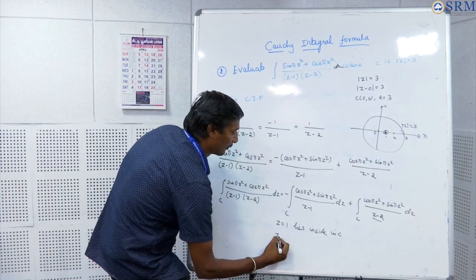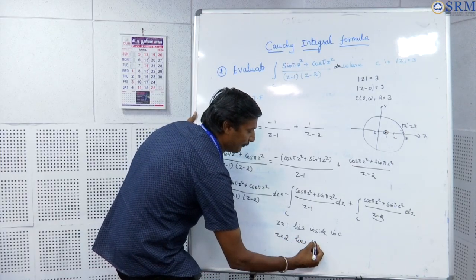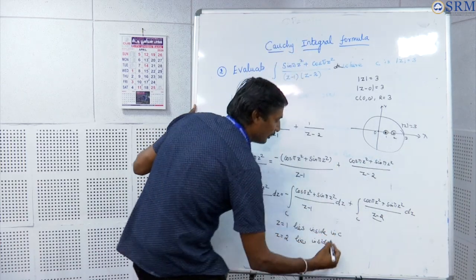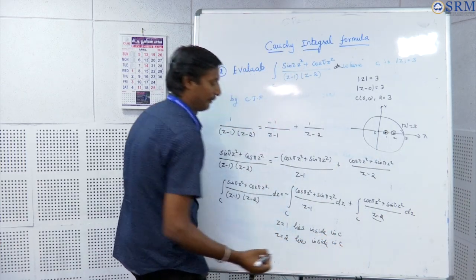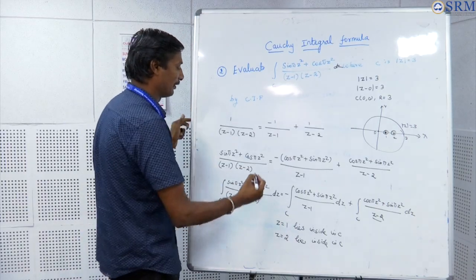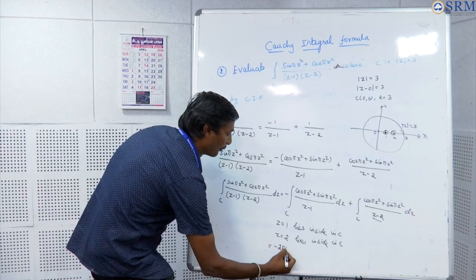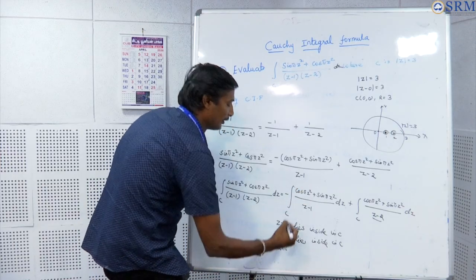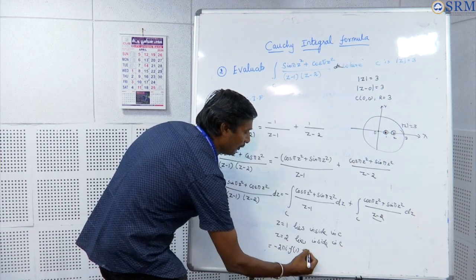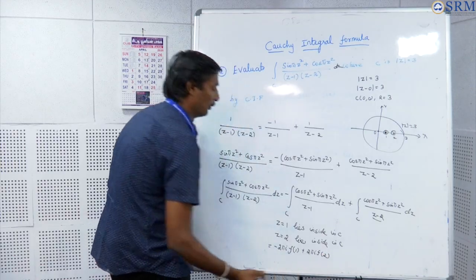Z minus 2, the singular point z equal to 2 also lies inside C. So we know the formula when the points lie inside C: the integral is minus 2 pi I f of 1 plus 2 pi I f of 2.